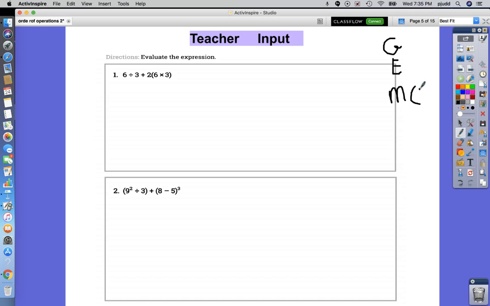I'm going to put a D here so I know it's multiplication or division, and subtraction or addition, and that's left to right.